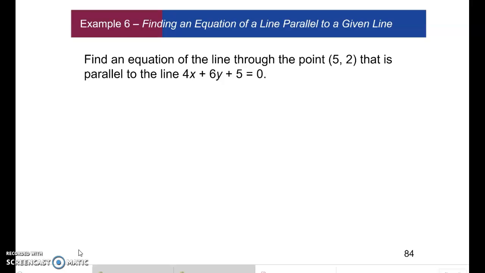We determined that the slope of this line was negative 2/3. So the slope of a line perpendicular to it would be the opposite reciprocal, which would be positive 3/2. And then we could go and use our point-slope form to determine the equation of that perpendicular line in the very same way we did here. We're just using a different slope.